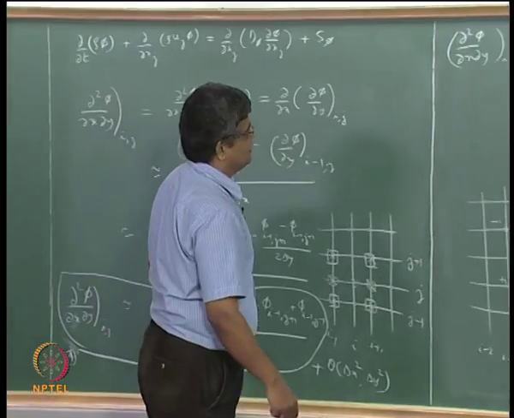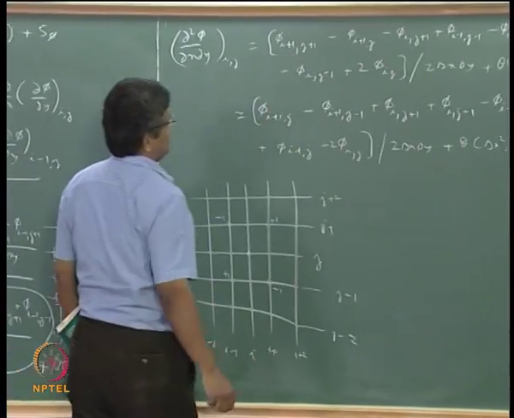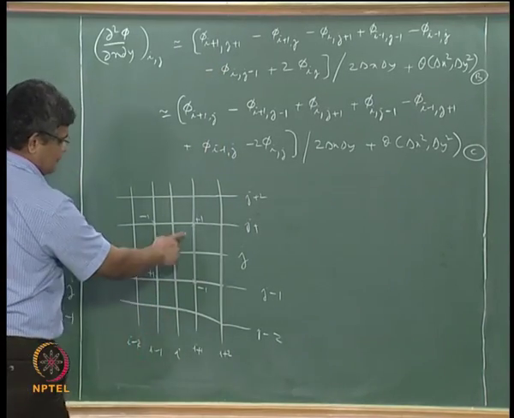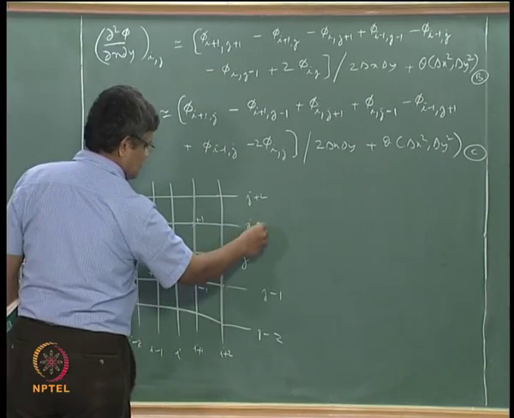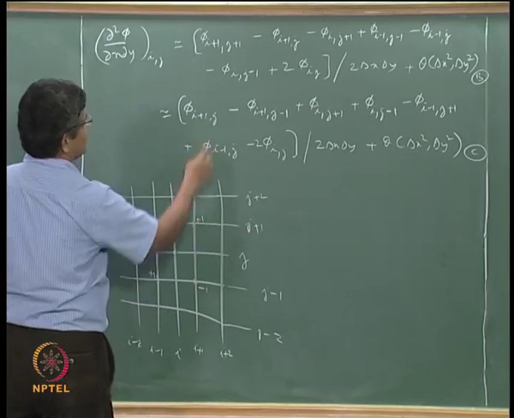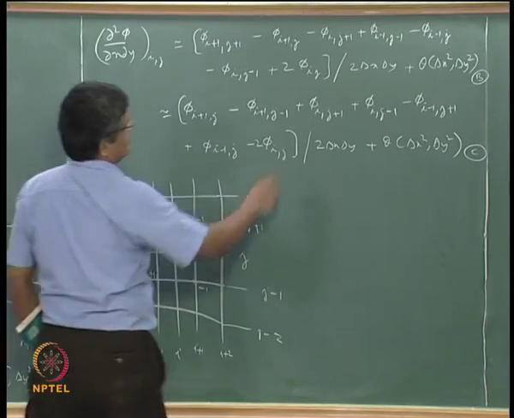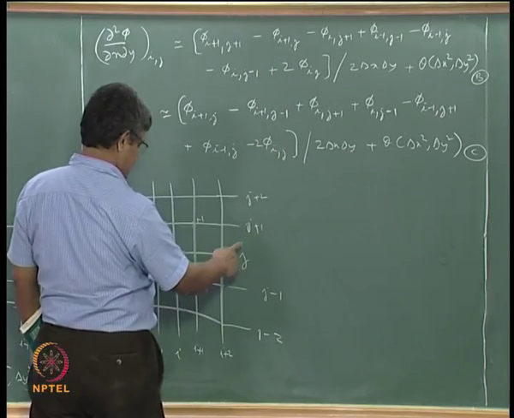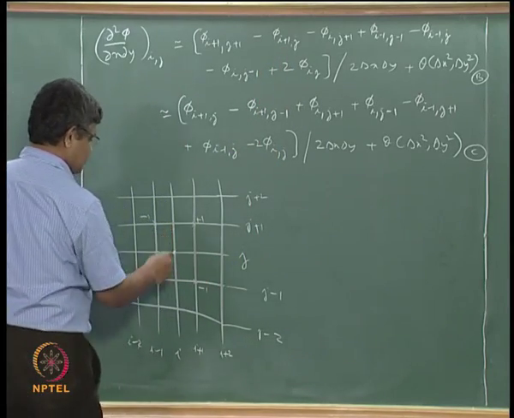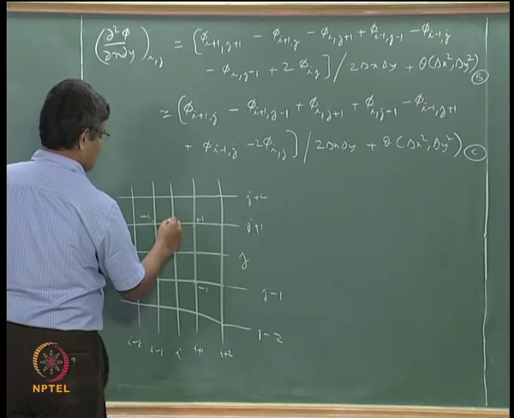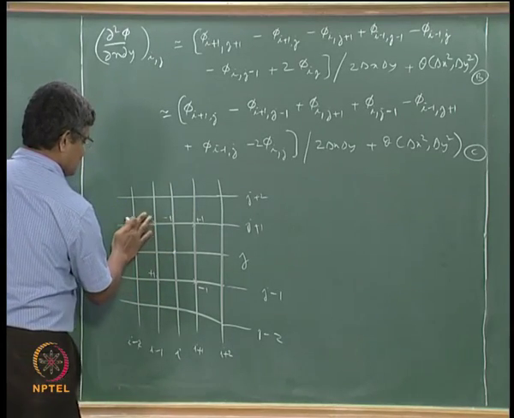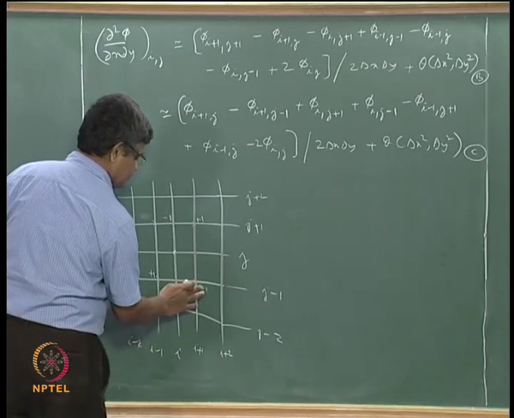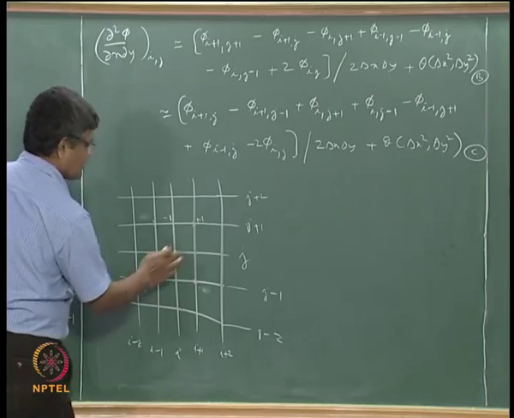Now what about this one here? Here we have I plus 1 j plus 1, that has 1 here, I plus 1 j is this one here, and this has a contribution of minus 1. So let us just start with these two.